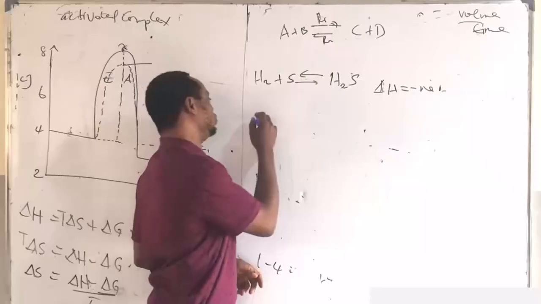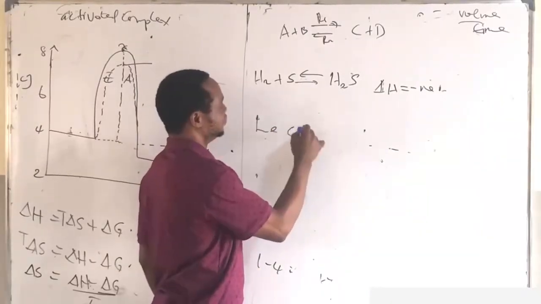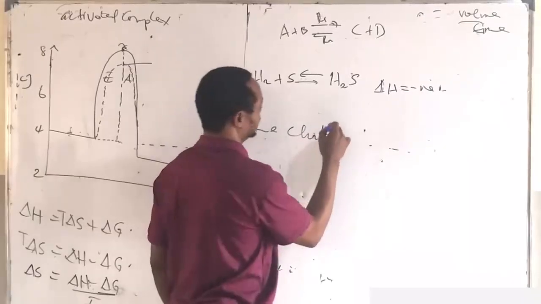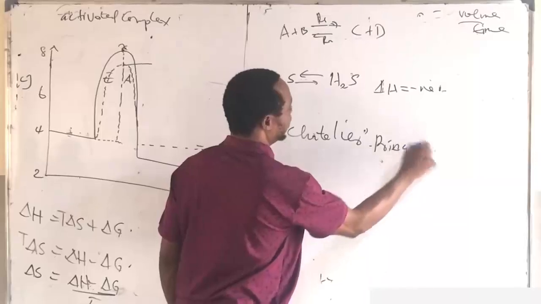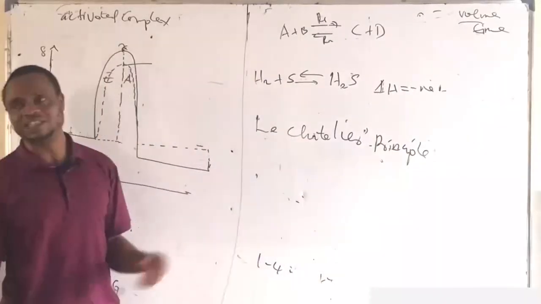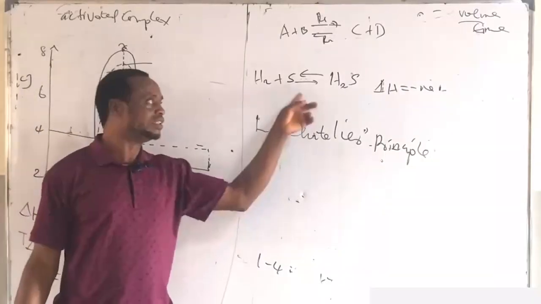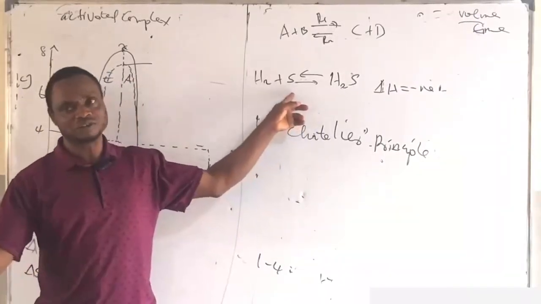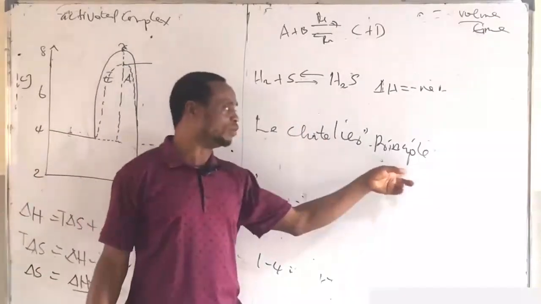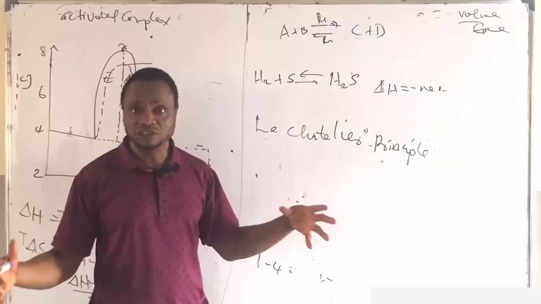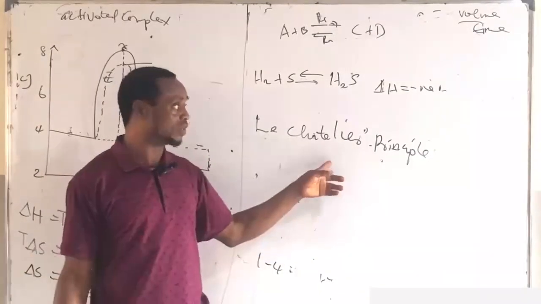That's what the man whose name is Le Chatelier's principle states: that if an external constraint, an external factor or factors such as change in temperature, pressure, and concentration is imposed on a system in equilibrium, the equilibrium will shift so as to cancel the effect of the constraint or factor added to it.